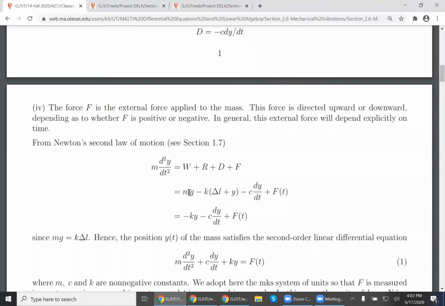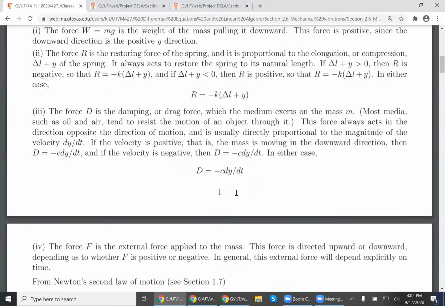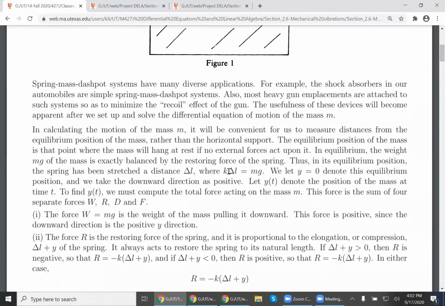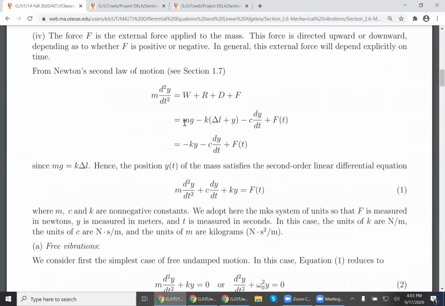Well, mg minus k times delta L is equal to 0. Here is y. It's written over here. mg is equal to k times delta L. So this minus this is 0. Therefore, the whole expression becomes this.